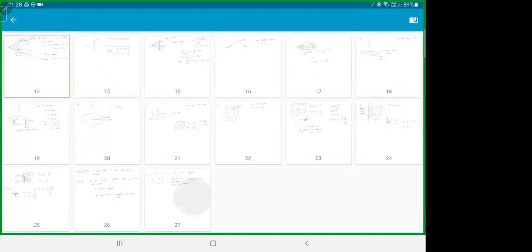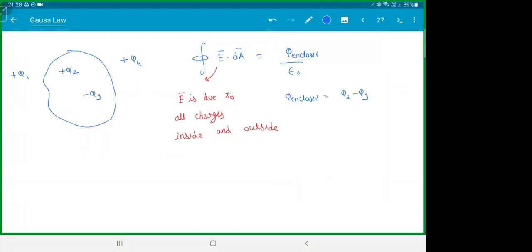So what is actually happening now? When I split this integral, E bar is actually field due to Q1, field due to Q2, field due to Q3, and field due to Q4. When I substitute and integrate, I end up with E1 dot dA, E2 dot dA, E3 dot dA, E4 dot dA.